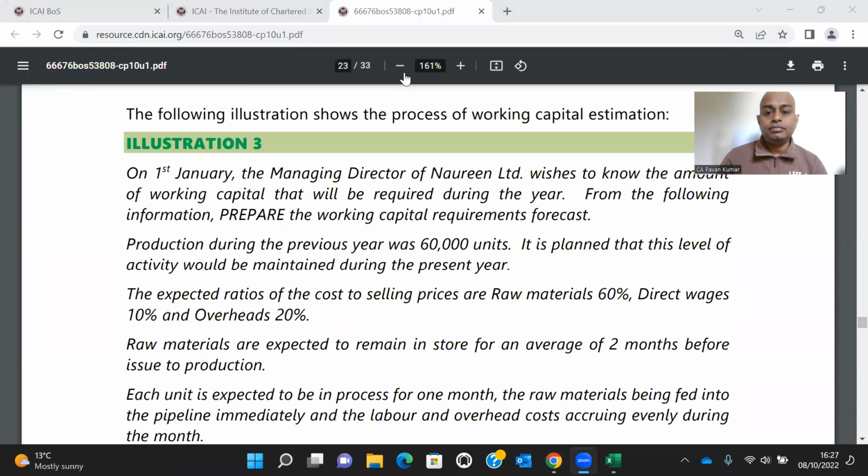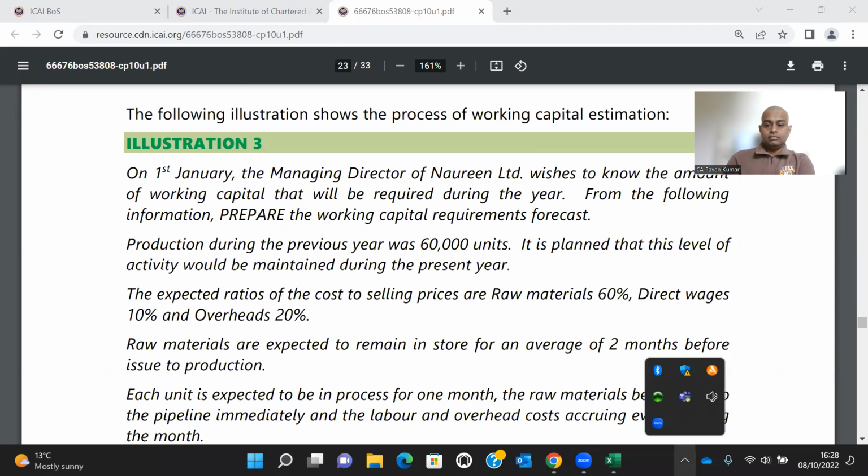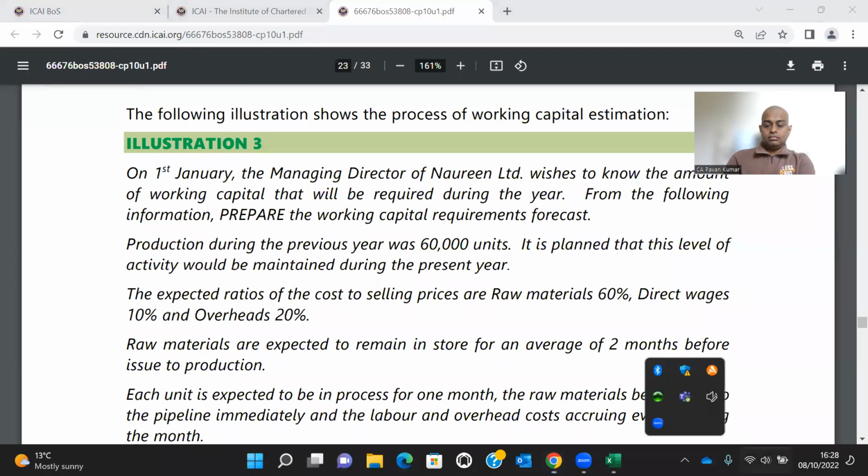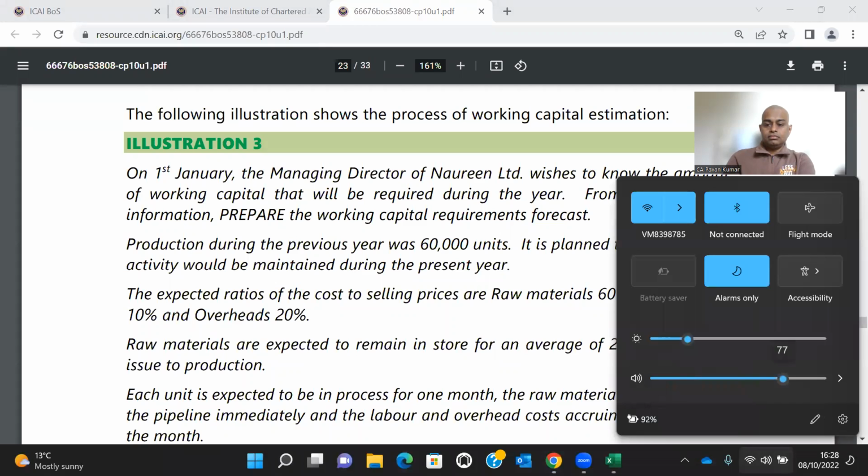Akka, read it, please. On 1st January, the Managing Director of Narine Limited wishes to know the amount of working capital that will be required during the year. From the following information, prepare the working capital requirements forecast.